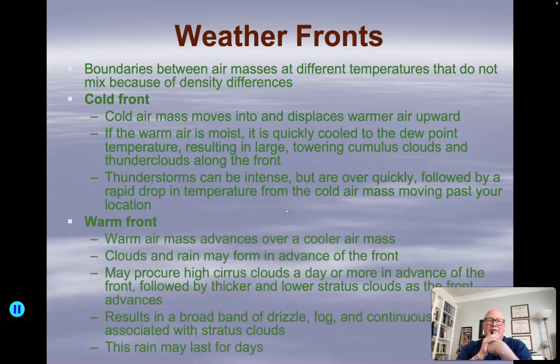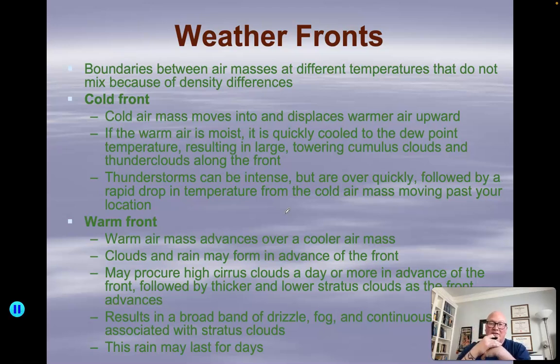A warm front. When you have a warm air mass that advances over a colder air mass, you may get clouds that form in advance, so you're going to end up with high cirrus clouds during the day.